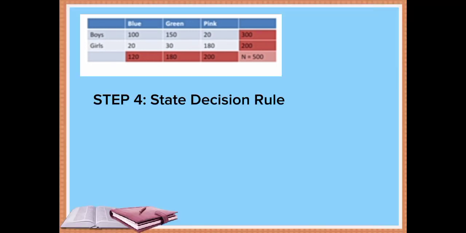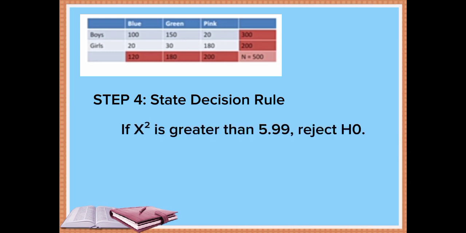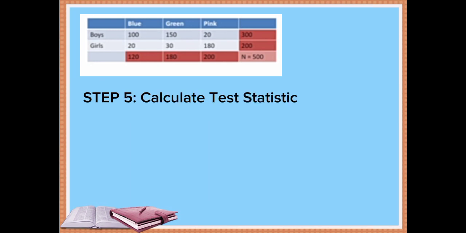Using a chi-square table with alpha 0.05 and 2 degrees of freedom, I find a critical value of 5.99147. So our decision rule is, if the calculated chi-square is greater than 5.99, we are going to reject the null hypothesis.